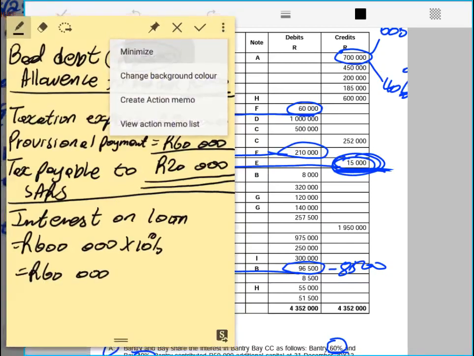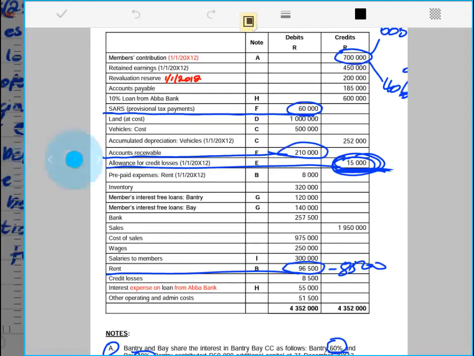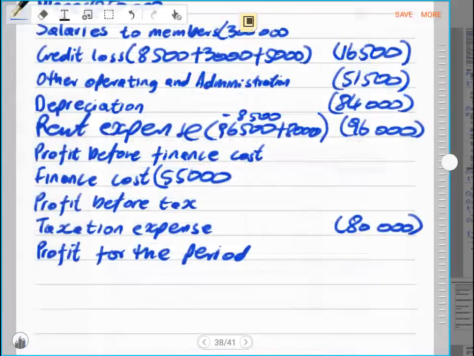supposed to be paid. So now if that is the interest that was supposed to be paid, it means under the total of the finance cost, we're supposed to record 60,000 rands. We're supposed to record 60,000 rands because this is the interest that was supposed to be paid. However, the close corporation has paid only 55,000 rands.